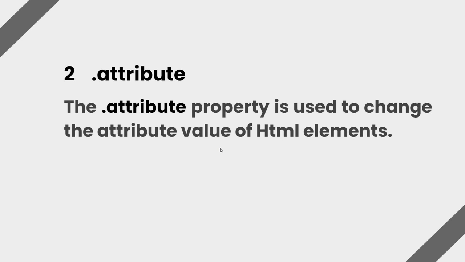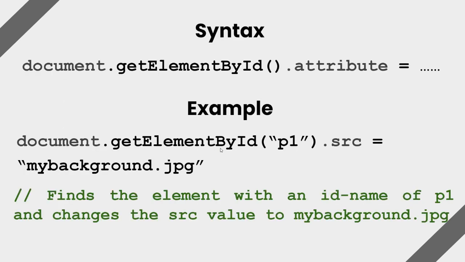So here, what this property actually does is that it connects with any HTML element that already has an attribute, and the next thing it does is to alter the value of the attribute. Whether it has been set before or not, it's going to give it a new value.